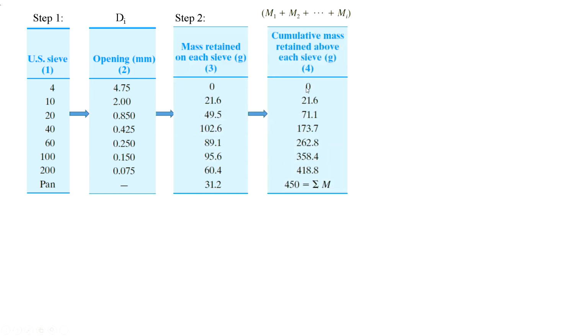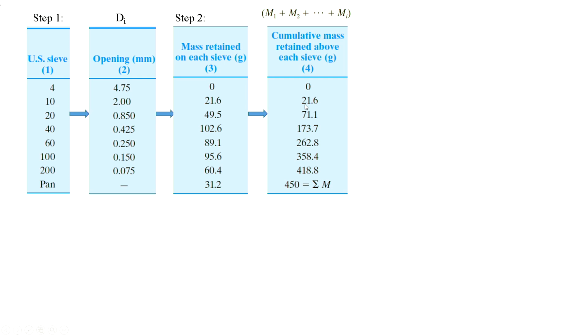For the first, the biggest opening, the biggest size, there is nothing retained on it, right? 0. There is no particle retained on the sieve with the opening 4.75, so the accumulated mass retained on the biggest sieve is 0.